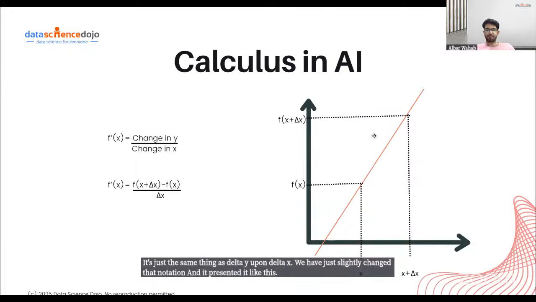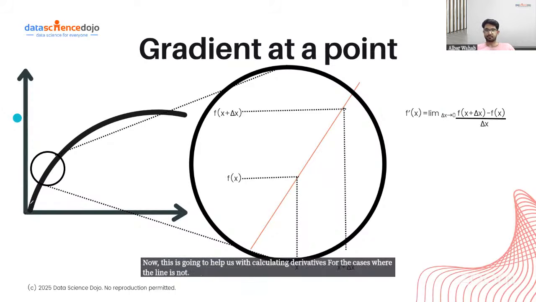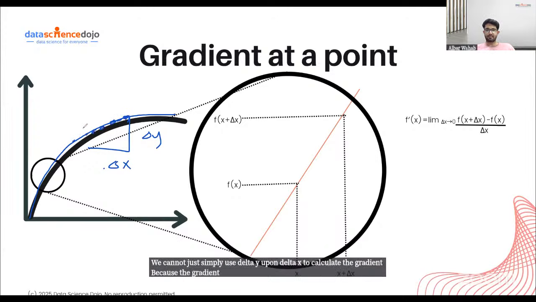Now, this is going to help us with calculating derivatives for the cases where the line is not a straight line. Over here, if you think about it, we had this curve, right? We cannot just simply use delta y upon delta x to calculate the gradient because the gradient at each point is different.